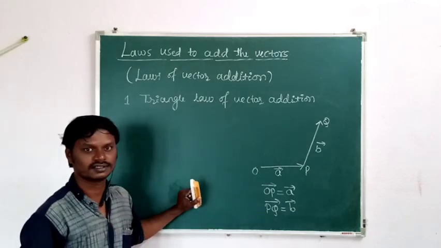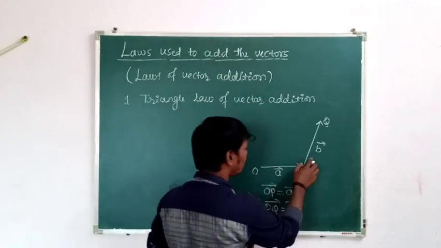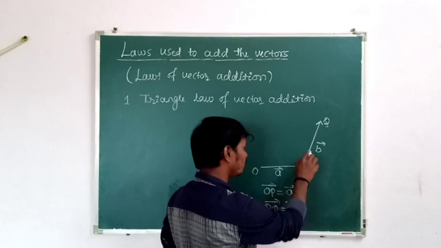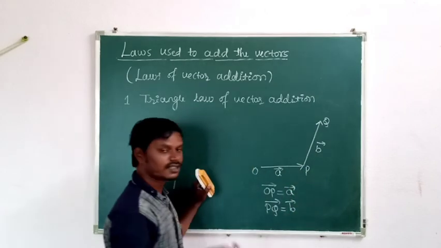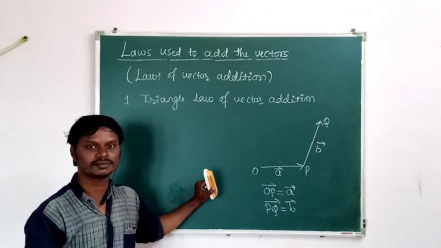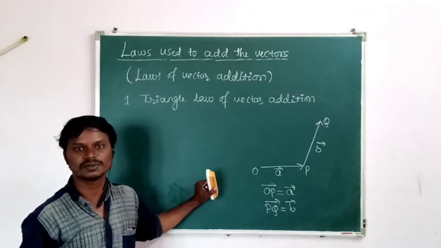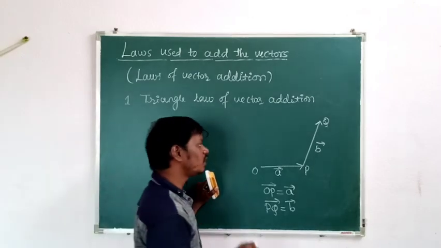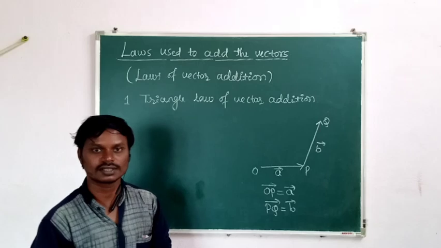So these two are the sides of the triangle. And the resultant vector is represented by the third side of the triangle, which is taken in the opposite order.